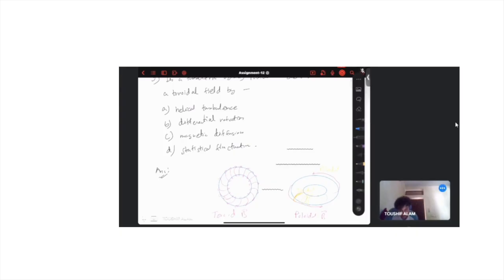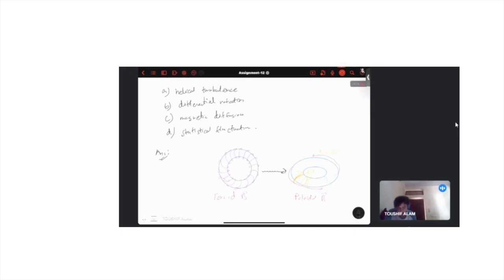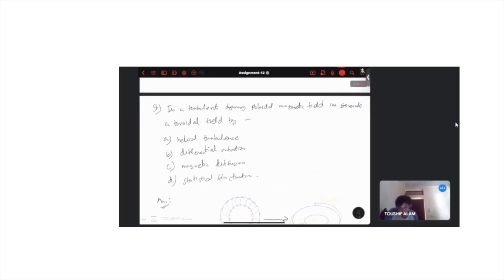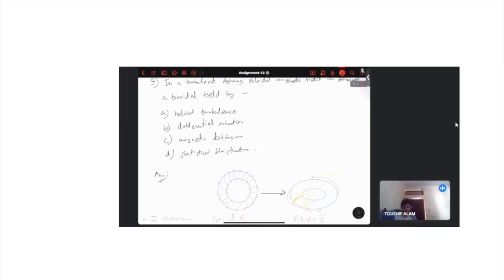Anyway, so there can be conversion from toroidal to poloidal, or poloidal to toroidal, due to the differential rotation.